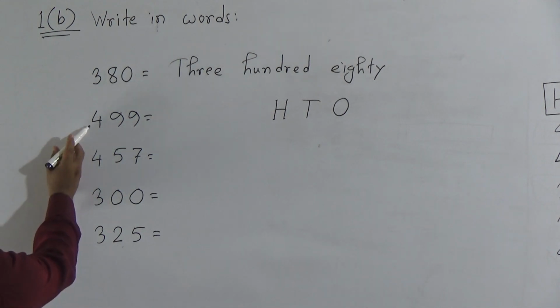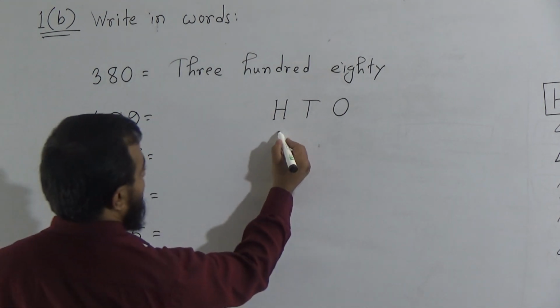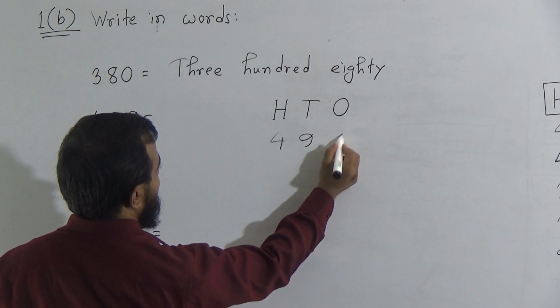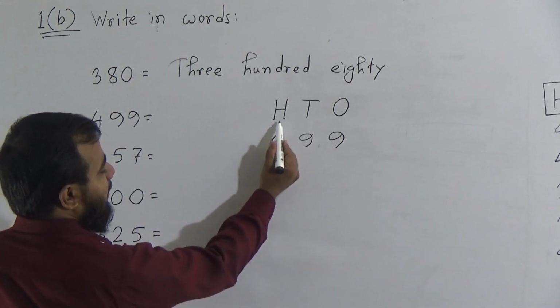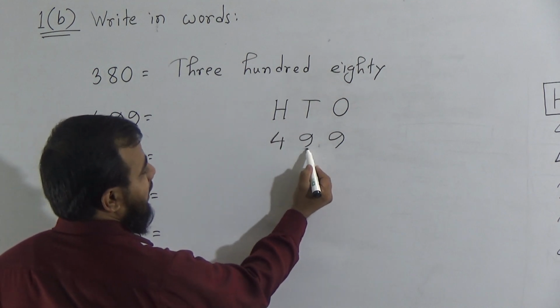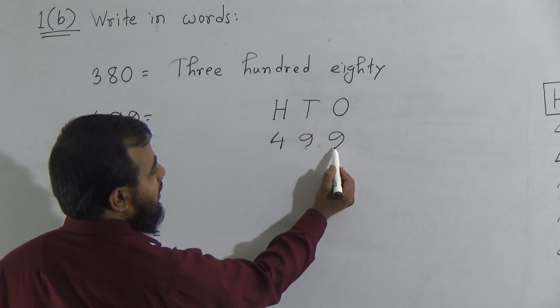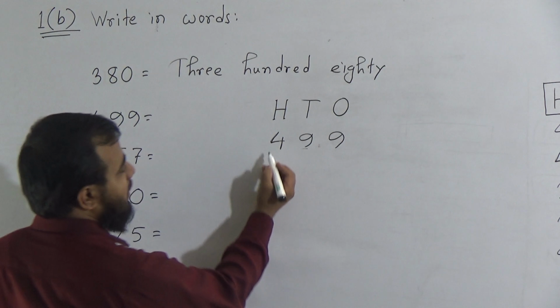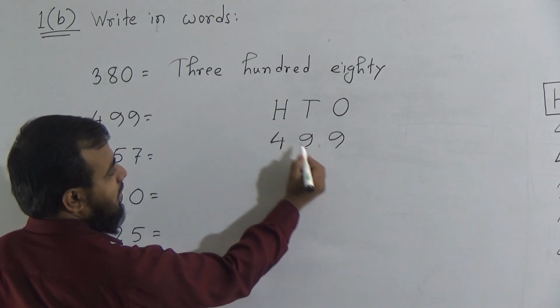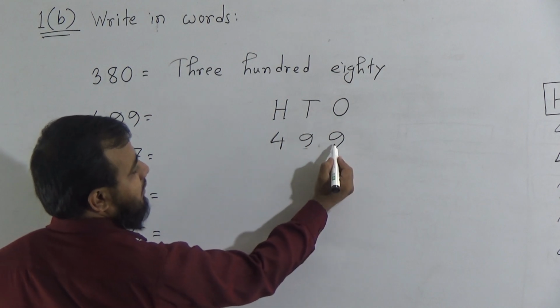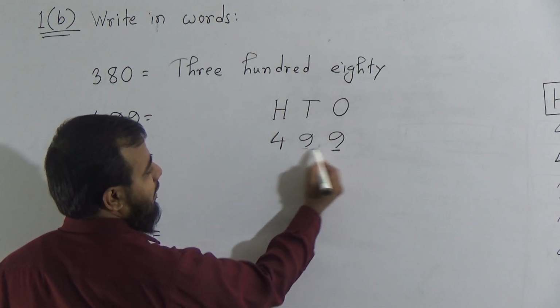The next number is 499. Look, this 4 is in hundreds position, this 9 is in tens position, and another 9 is in ones position. So 4 is in hundreds position, so it should be 400. Then 90, then 9 in ones position, 99.